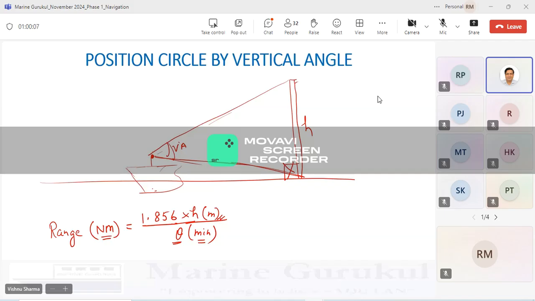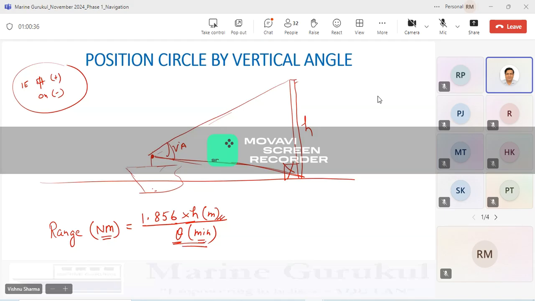Obviously, this vertical angle will be the corrected one, the vertical sextant angle plus or minus index error. Guys, we all know if index error is off the arc, we add it. If it is on the arc, we subtract it. And this is how the index error is applied. Once we get the vertical angle after applying the index error, we convert that into minutes, and it becomes the denominator.